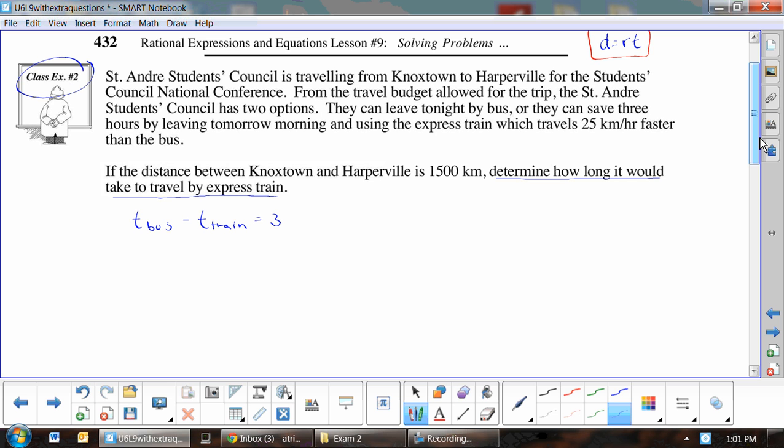Okay? And then we know from our equation up here that t is equal to distance over rate. So we go distance over rate of the bus minus distance over rate of the train. We do know that the train travels 25 kilometers per hour faster, but that's all we know. Okay?